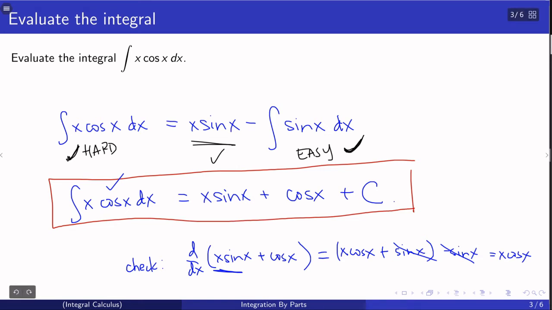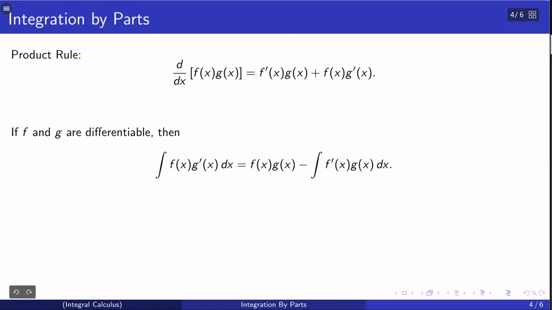So let's systematize this a bit. The product rule tells us, again, that the derivative of f times g is f prime times g plus f times g prime.